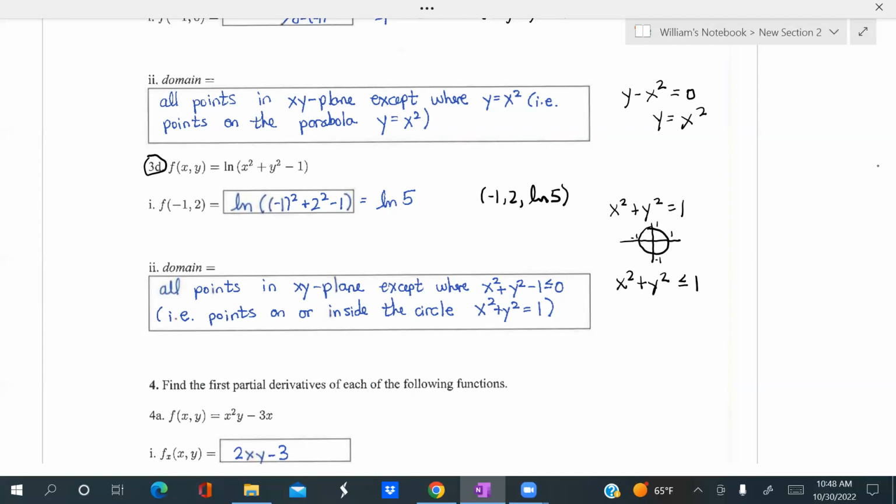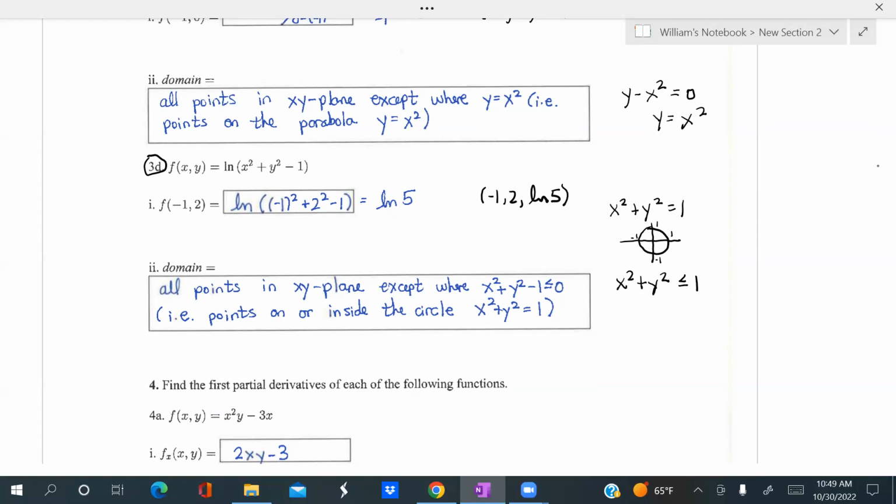So we have to exclude from the domain of this function points either on the boundary of this circle or inside of this circle, because for those points, x squared plus y squared will be less than or equal to 1, which means x squared plus y squared minus 1 would be less than or equal to 0. And then we'd be trying to evaluate the natural log of a negative number or 0.